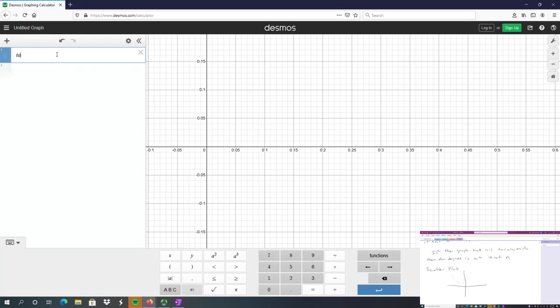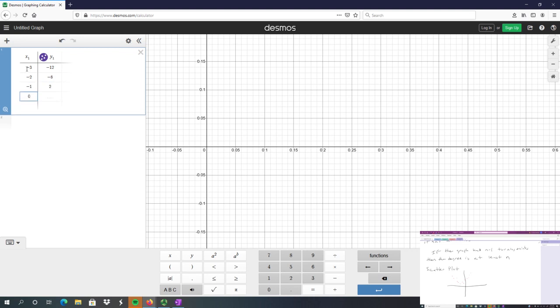So the first thing we do is type the word table. And it gives us an XY chart. And then we'll plug in some numbers here. So let's do -3, -2, -1, 2. Sorry, -1, 2.